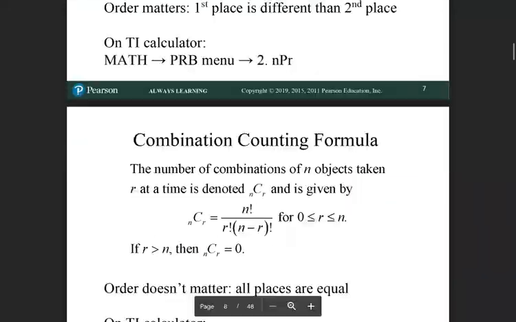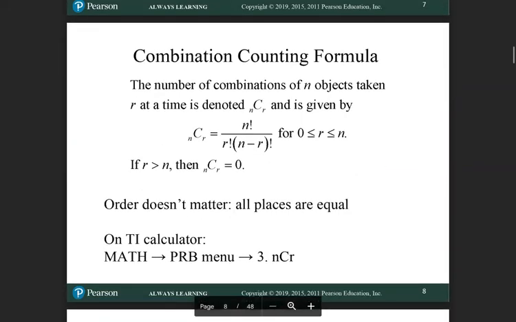If we look at the opposite, where the order doesn't matter, that is called a combination. For a permutation, the order matters. For a combination, it doesn't matter. So in this case, it's just a selection. I have a box of 8 markers and I want to choose 4 of them to use on my picture. It doesn't matter if it's the first marker I pull out of the box or the 4th marker I pull out of the box. Those 4 markers are going to be used in my picture.